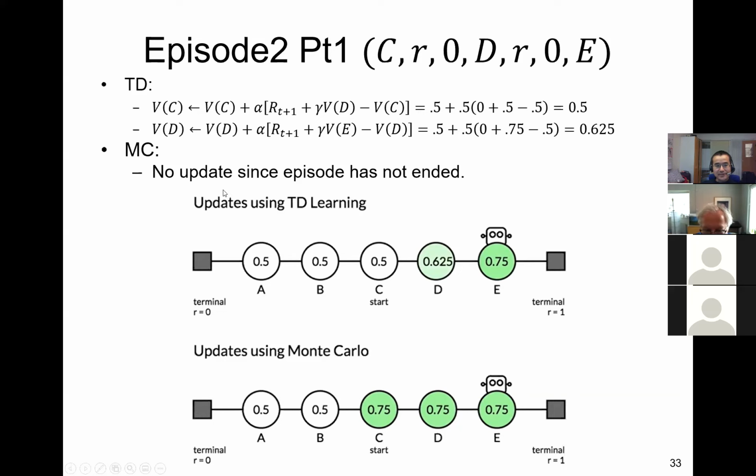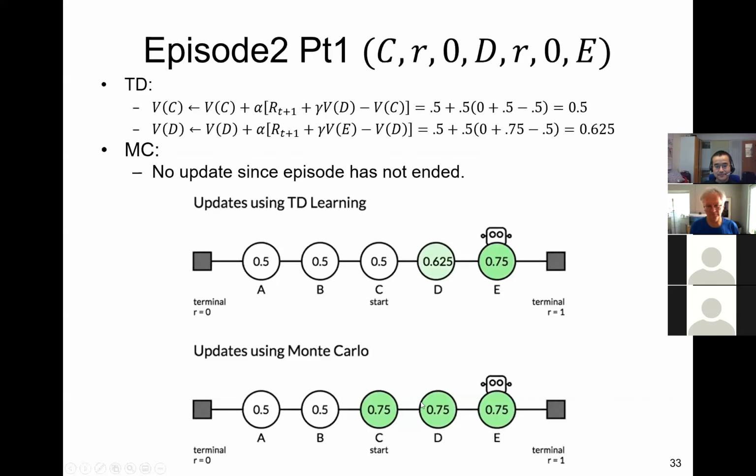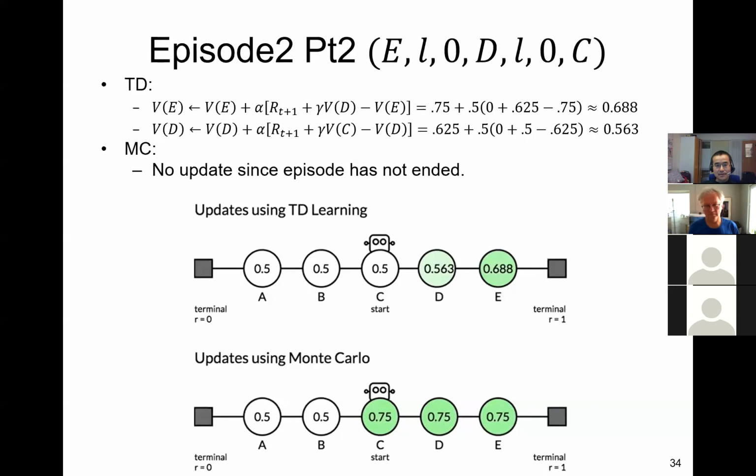But for MC, the episode has not ended. MC learns at the end of the episode. So for MC, there's no update. The values stay at 0.75 as before. Now the next sequence, part 2 of episode 2, you continue and you go E, D, C, you go left.